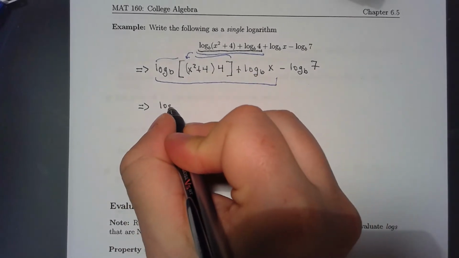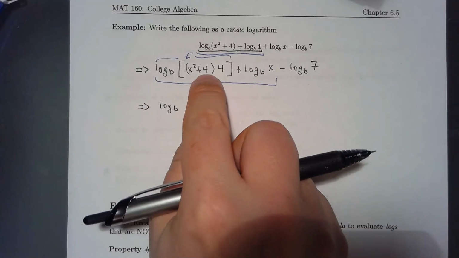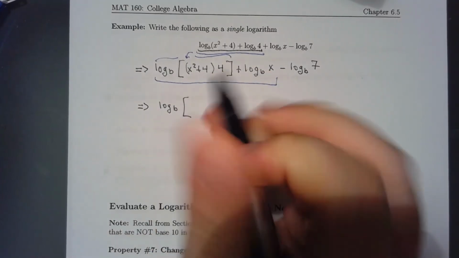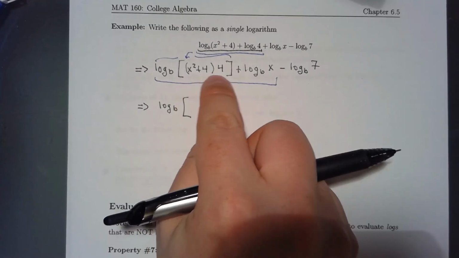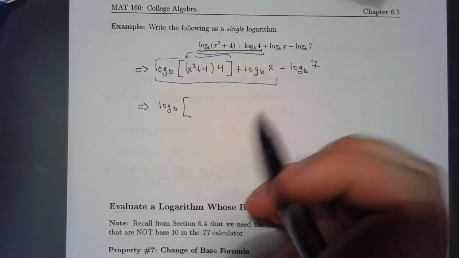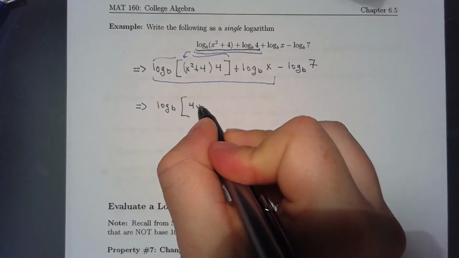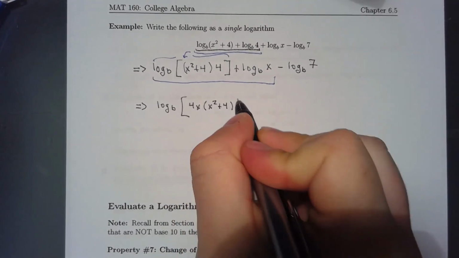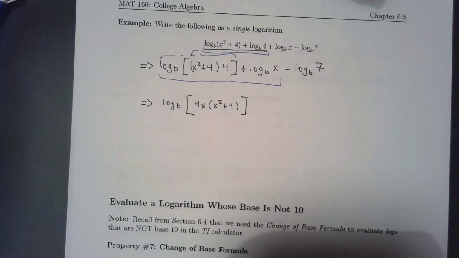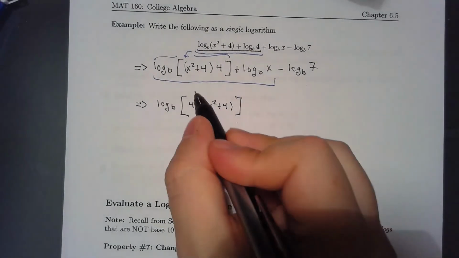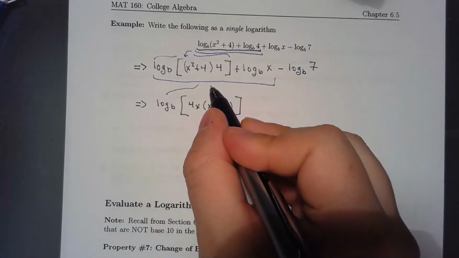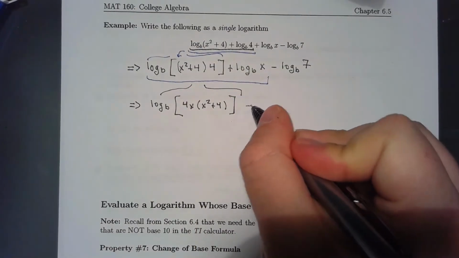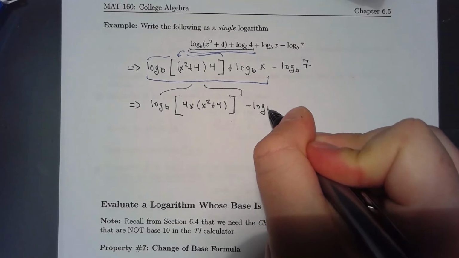That'll be log base B of this times that, so it'll be x squared plus 4 times 4x, so that'll be 4x times x squared plus 4. That's the same property again. Then I have minus log base B of 7.